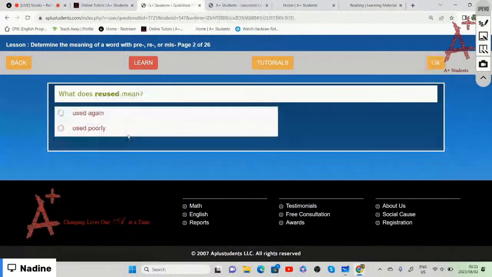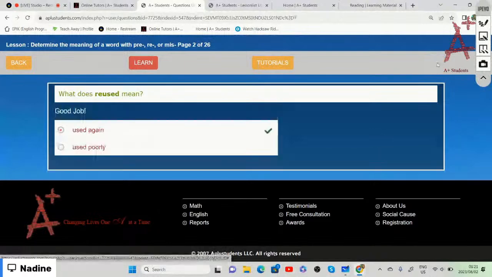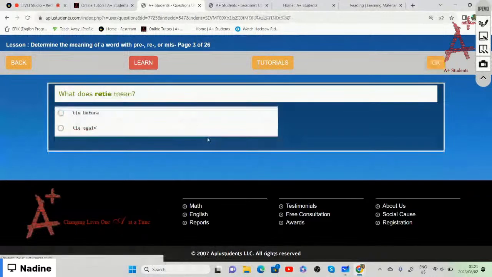What does reused mean? To reuse something is to use it again. It does not mean use poorly. It just means that we use it again, and that is reuse.